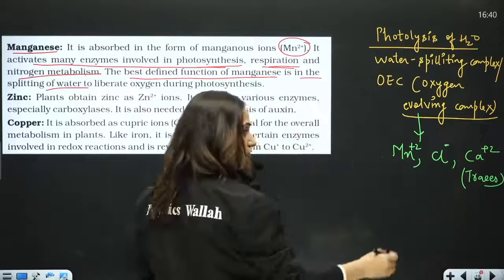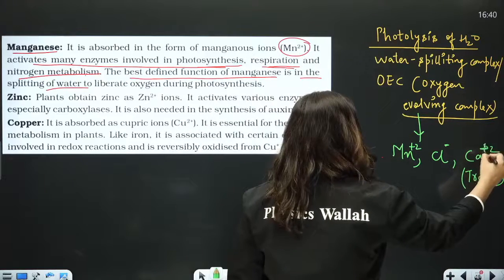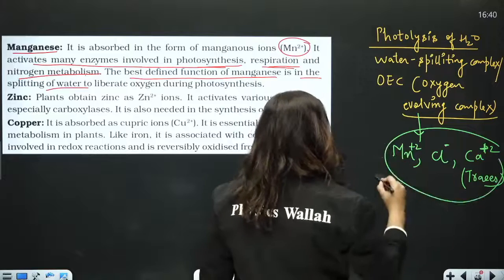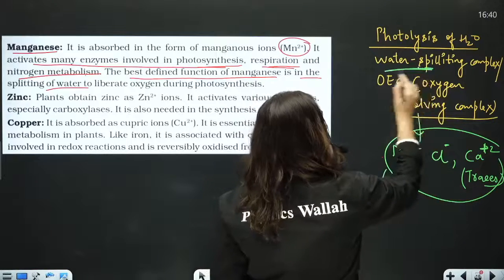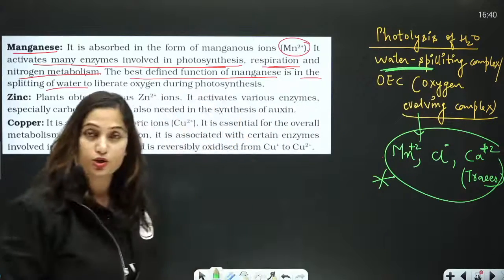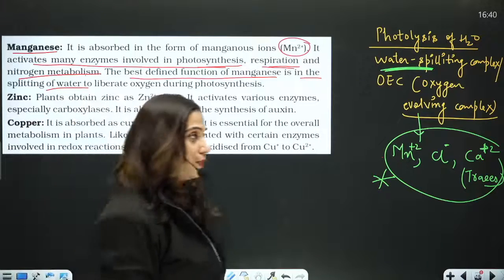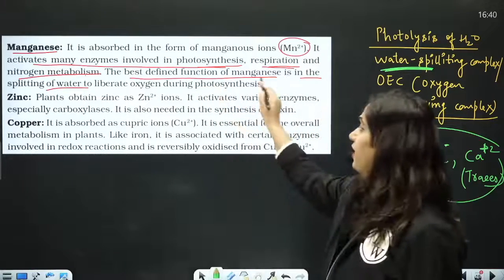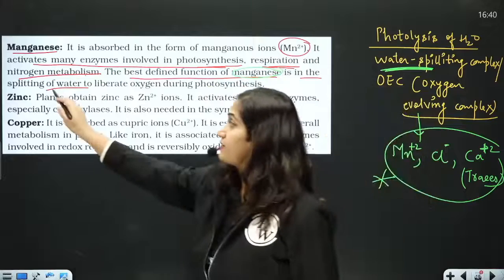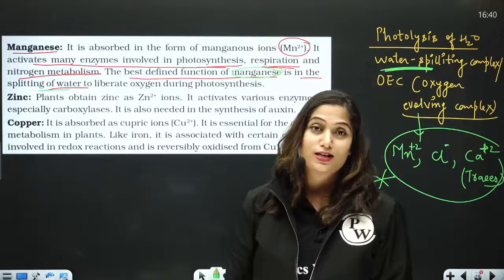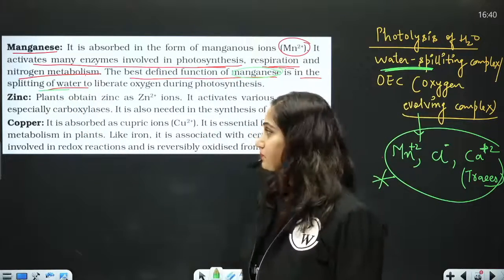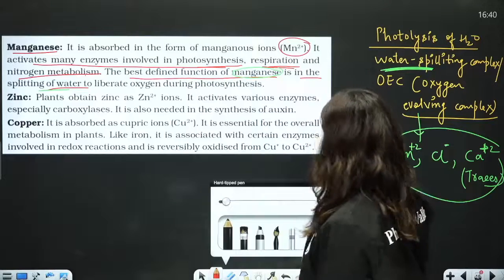A very low amount of calcium, traces of calcium, they all together form the water splitting complex. It was a question of NEET 2015. Okay, so that is why the best defined function of manganese is that it is a part of the water splitting complex. Now let's go to zinc.